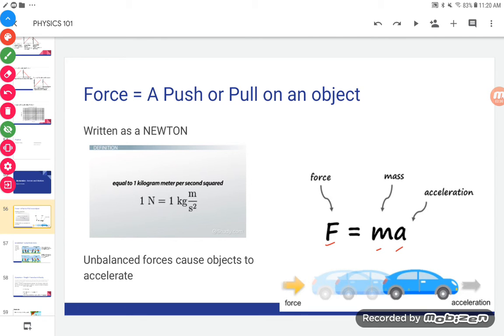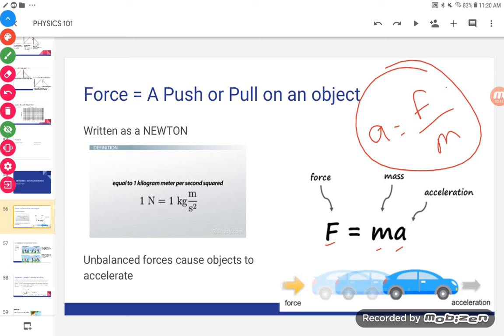Force equals mass times acceleration. Acceleration rearranged will be force over mass, and the same thing for mass. Usually you'll have the mass of the object, but you can always rearrange to solve. Once you've rearranged them once, you can just write them down in your data booklet if you want. I'd have no problem with that at all.